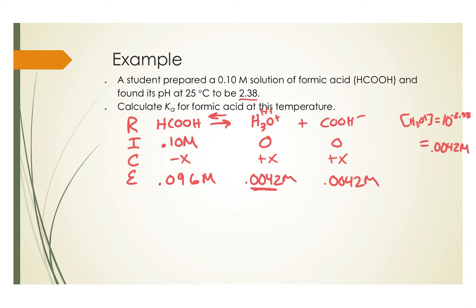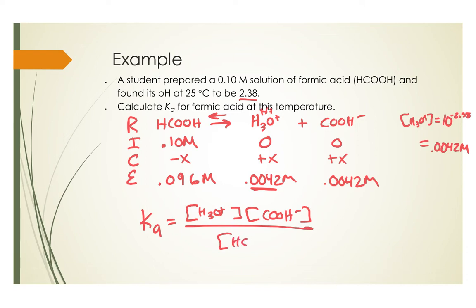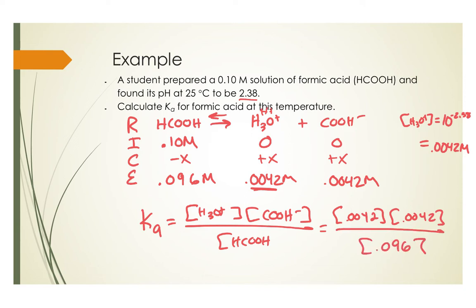So the next step, since we're trying to calculate Ka, Ka is products over reactants. So this is going to be H3O plus times HCOO minus over HCOOH, which therefore equals 0.0042 times 0.0042 all over 0.096.